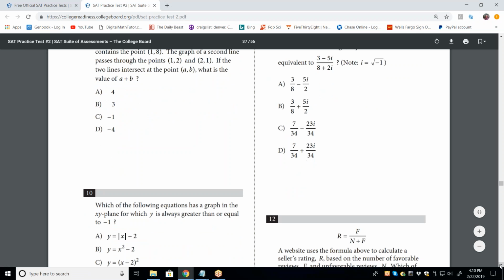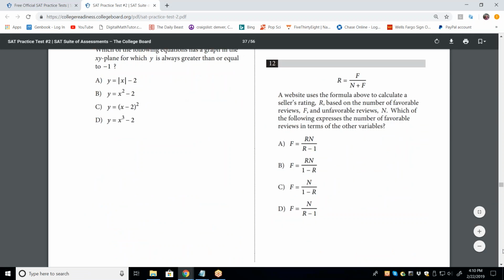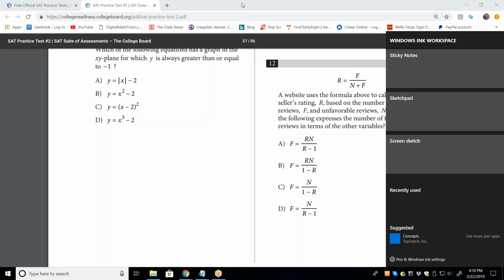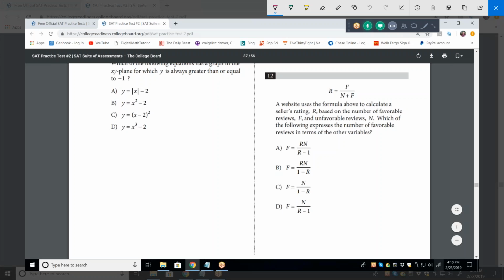All right. This is a fairly straightforward algebra problem. You can almost tell immediately that what they're going to ask you to do is solve this for either f or n. And then you look at your answers.